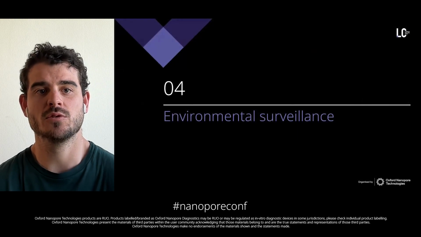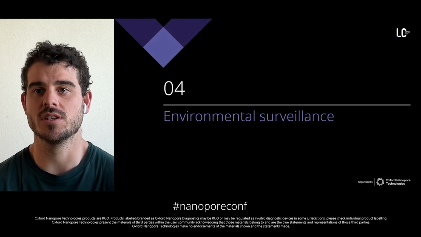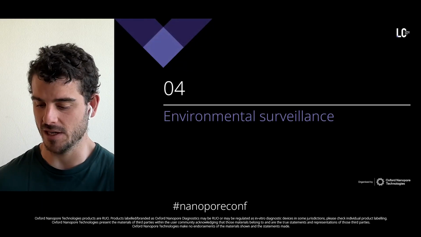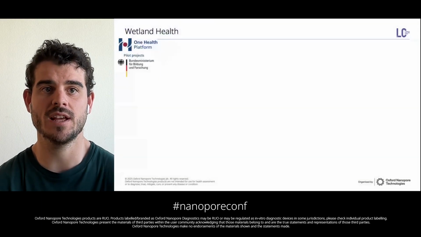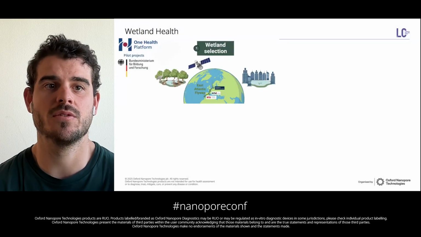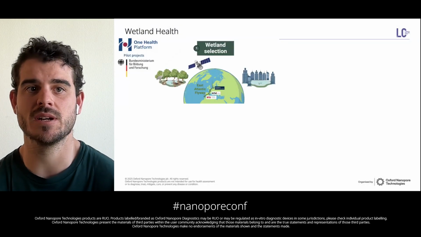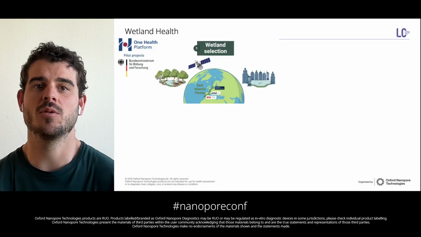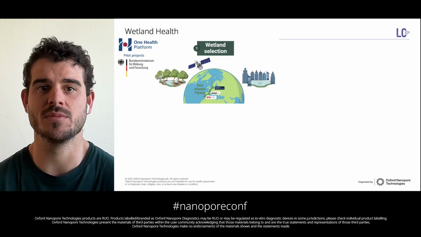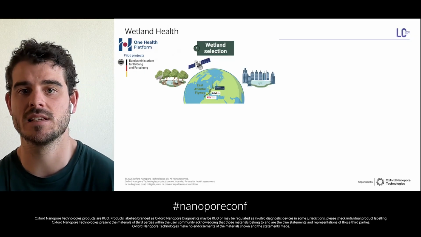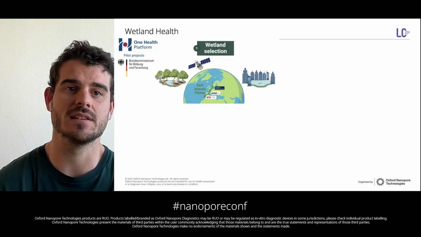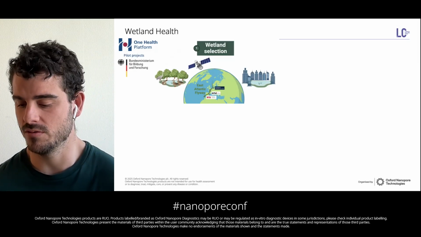Also, I would like to show you how we can use these approaches for environmental surveillance. For that, we took advantage of a pilot project grant from the German One Health platform that allowed us to collect samples from different wetlands, which we selected depending on whether they had anthropogenic pressure or not.